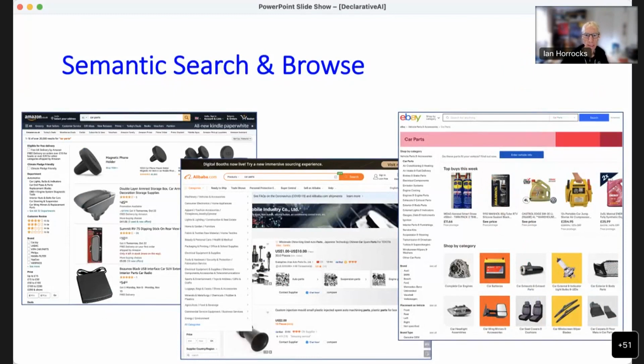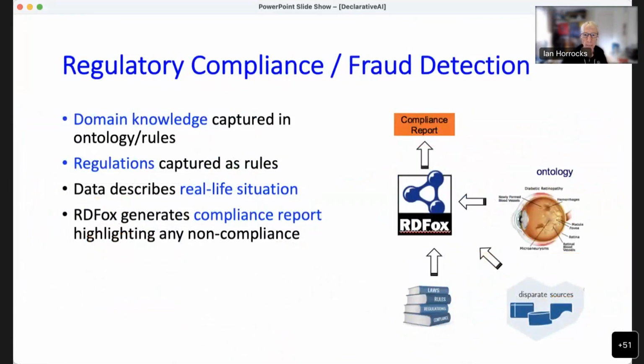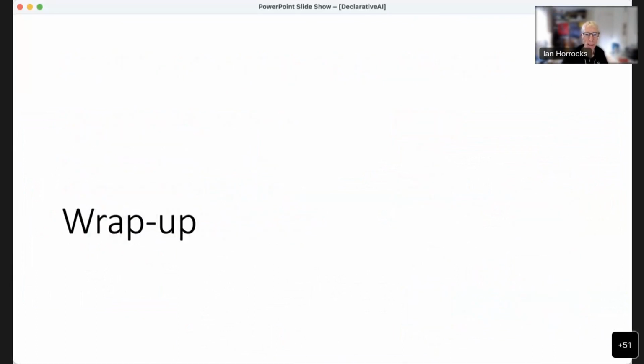And actually, all of the e-commerce companies have some kind of a knowledge graph that stores knowledge about products and their features and the relationships in a sort of hierarchy, and that can use rules to help a more intelligent browsing of the products and check that the customers are really getting what they want. Okay, and I'm going to even skip over this one because I'm running out of time, and I want to make sure we've got time for questions.